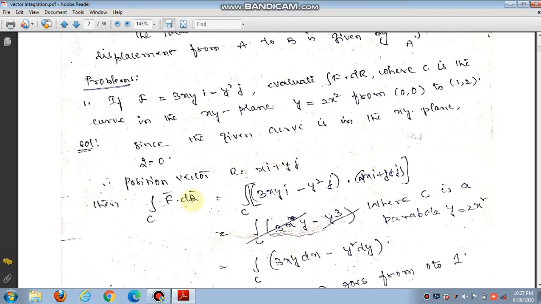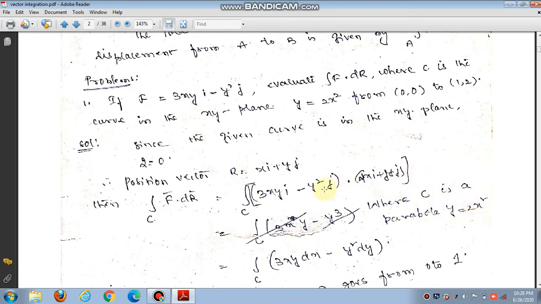Then the line integral of f bar dot dr bar, where f bar is 3xy i minus y square j, dot dr bar, which is i dx plus j dy, where C is the parabola y equals 2x square.